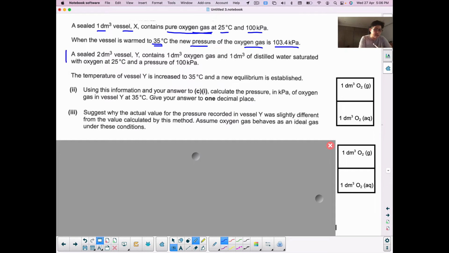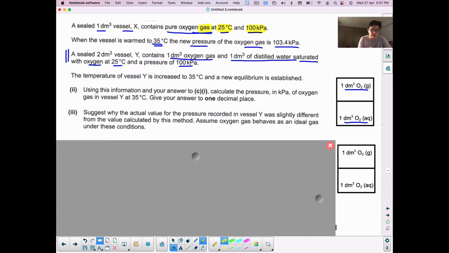Now they say a sealed 2 dm³ vessel contains 1 dm³ of oxygen gas, like this, and 1 dm³ of distilled water saturated with oxygen, like this, at 25 degrees Celsius, and the pressure is 100 kPa. This is only for the gas.